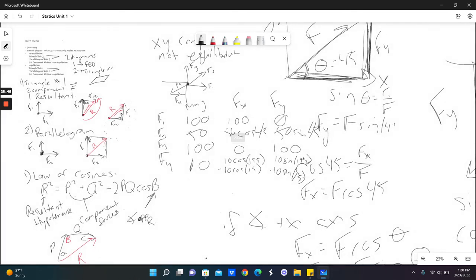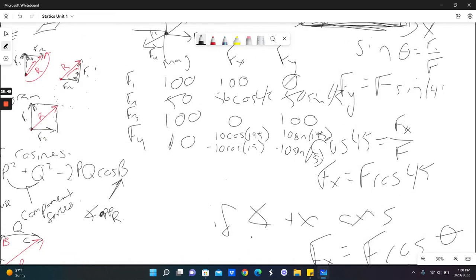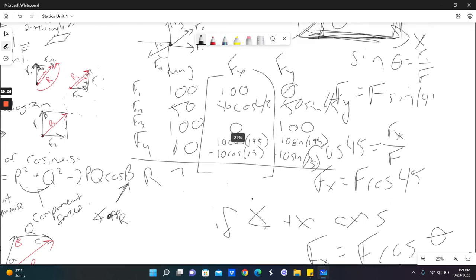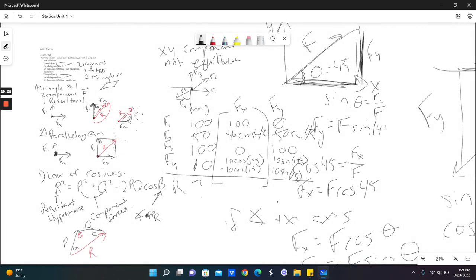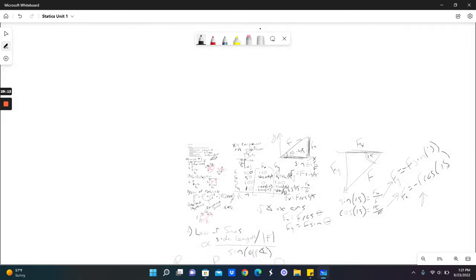Okay, so if we are not in equilibrium, sometimes you'll have unknown values in here, sometimes you won't. But let's say that you had all the known values you needed, but you needed to solve for a resultant force. You don't know the resultant force magnitude. Well, we can find the x component. Let me erase some of the stuff underneath it.